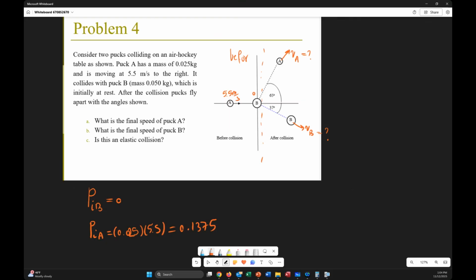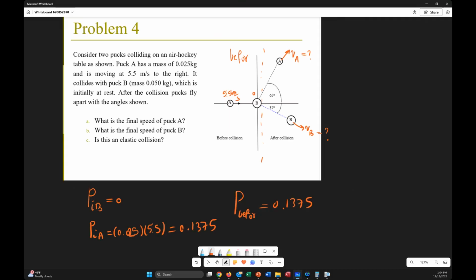Okay, so what is the momentum before the collision? You added these two, yes? The momentum before is going to be 0.1375. But is it in the x-axis or y-axis? X-axis.